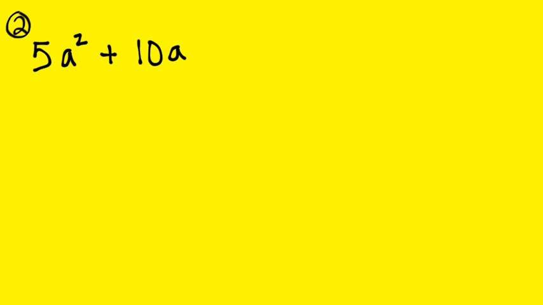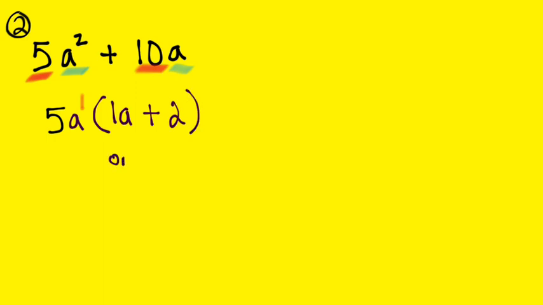Well, between 5 and 10, it's 5. And between a squared and a, it's a. Right? So I'm going to divide off a 5a from both terms, leaving me a plus 2.